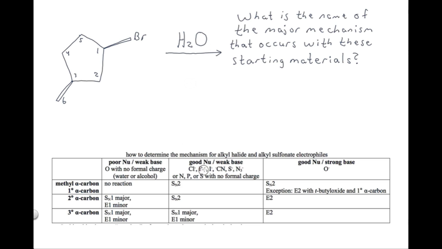Remember, a Br- would be a good nucleophile, but this is a neutral bromine. Neutral bromine is not nucleophilic at all. Notice that neutral bromine doesn't even appear in the columns of this table, which is an indication that we don't expect neutral bromine to be nucleophilic at all, at least not for this type of reaction.